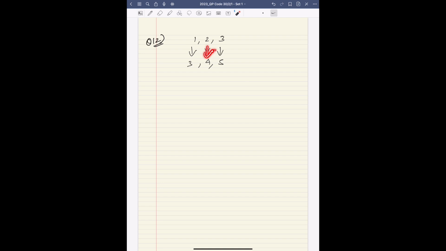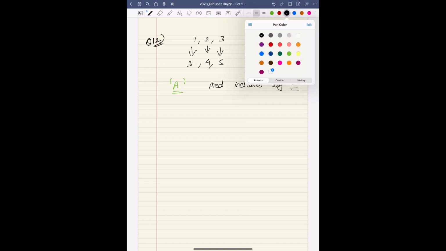What happened to the median? The median increased by 2. In short, if you have questions like this, you can take small examples. The answer will be A. Median increases by 2. You can take any example and this will work.